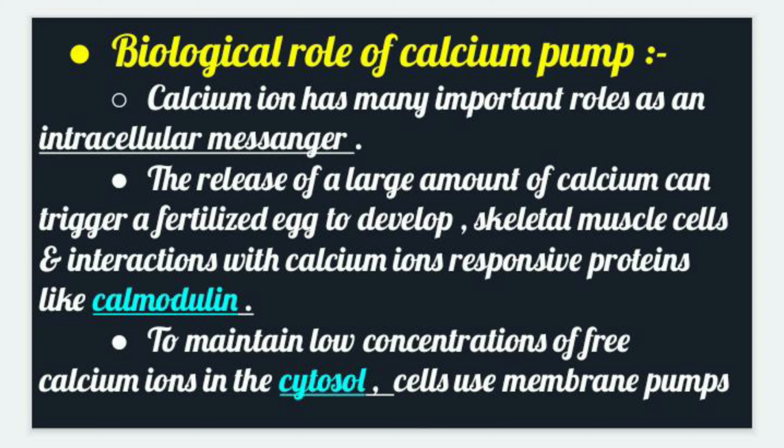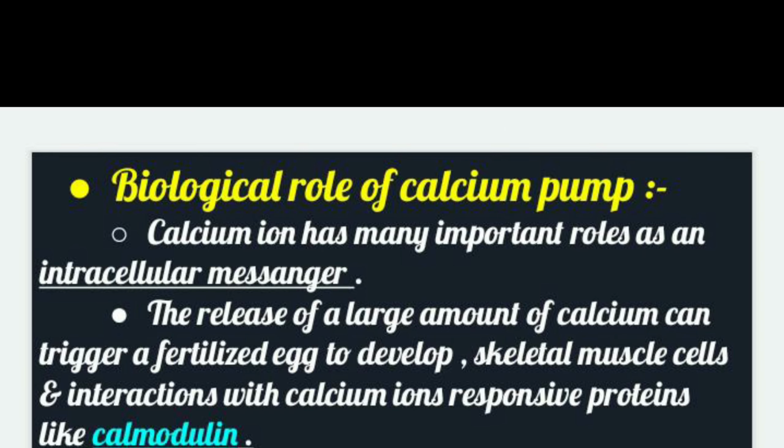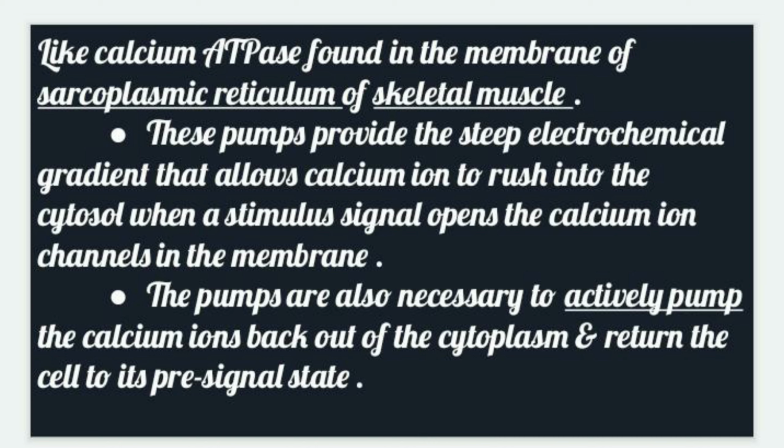To maintain low concentrations of free calcium ions in the cytosol, cells use membrane pumps like calcium ATPase, found in the membrane of the sarcoplasmic reticulum of skeletal muscle. These pumps provide the steep electrochemical gradient that allows calcium ions to rush into the cytosol when a stimulus signal opens the calcium ion channels in the membrane. The pumps are also necessary to actively pump the calcium ions back out of the cytoplasm and return the cell to its pre-signal state.